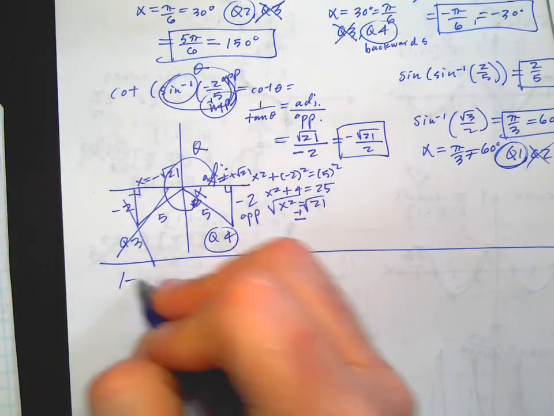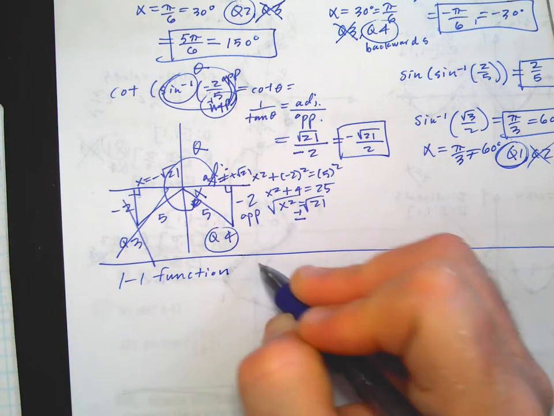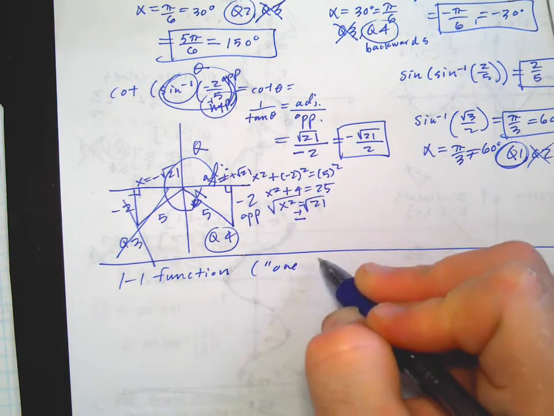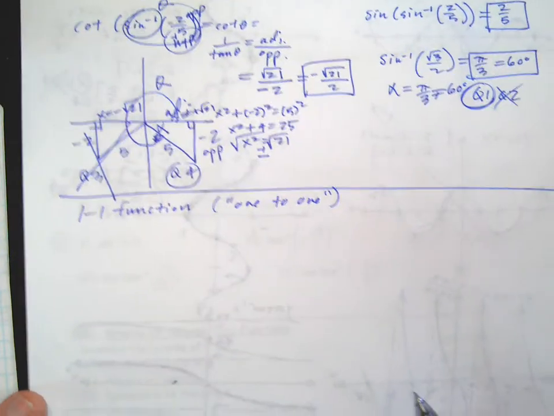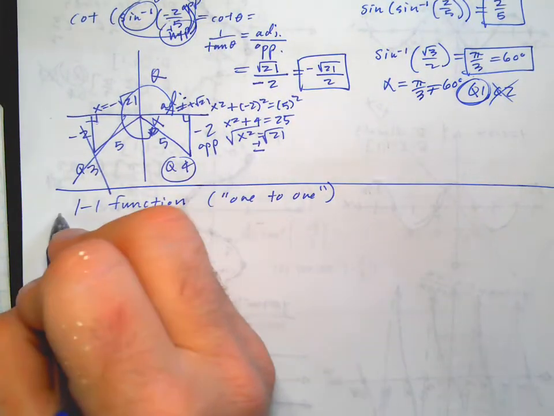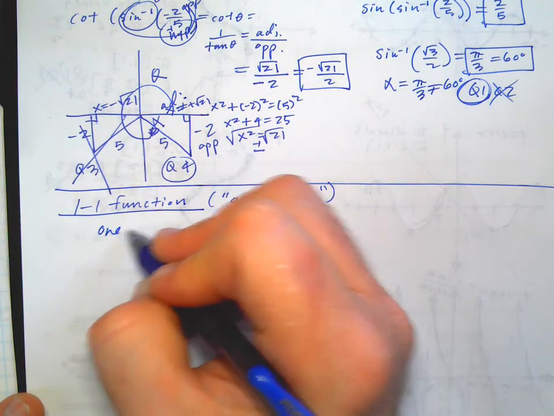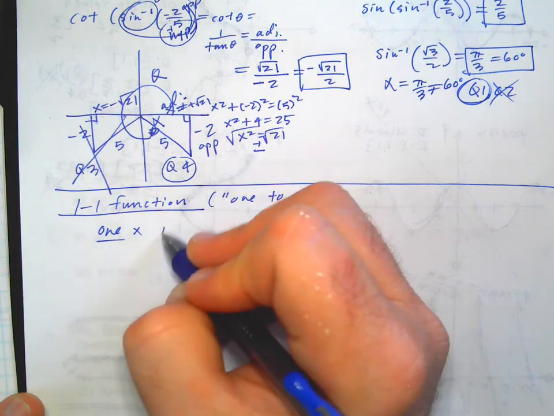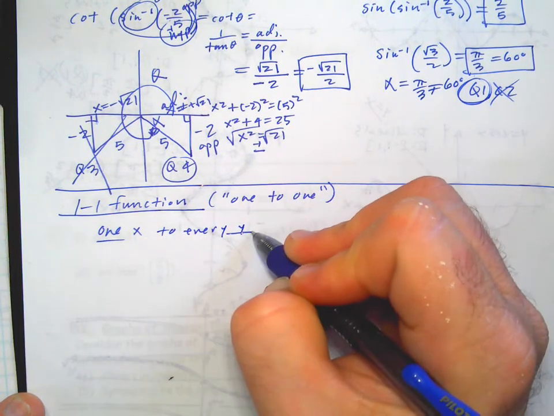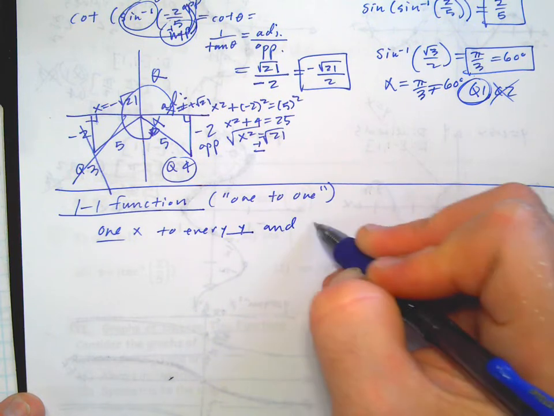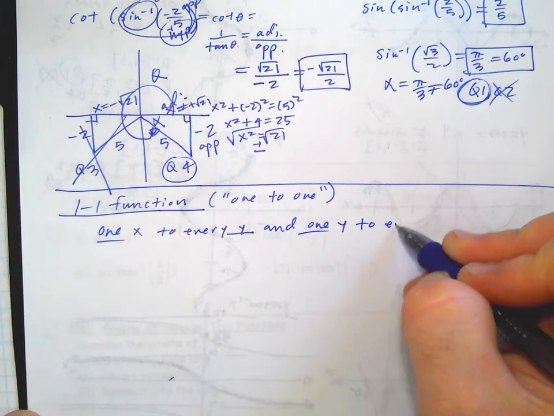We have a one-to-one function. This is just another topic. So 1-to-1. And what that means is that there's 1 x to every y and 1 y to every x.